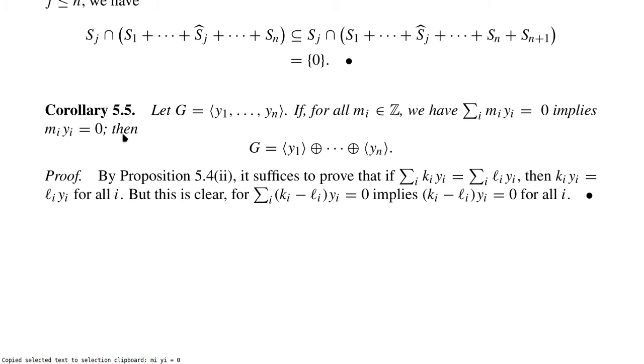So if your G is generated by these elements y, and you have these integers and this holds, then G can be written as the direct sum of all the cyclic groups generated by each of the elements y, each of the generators separately, right?